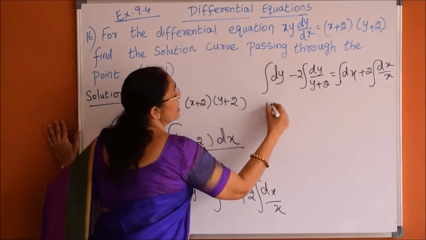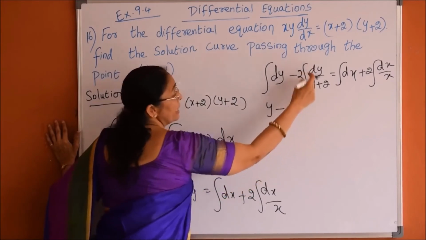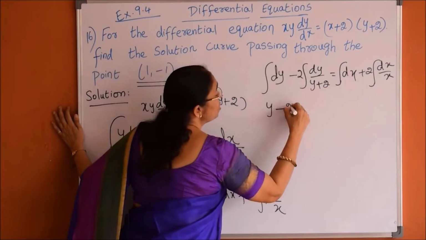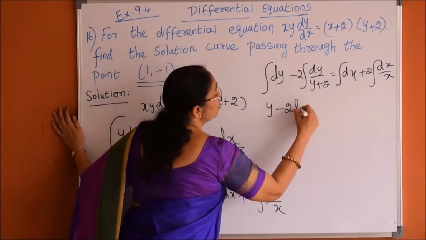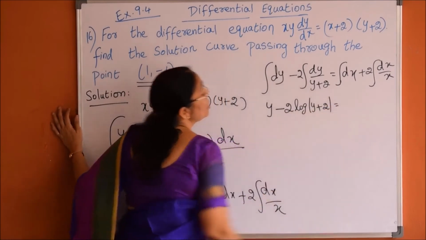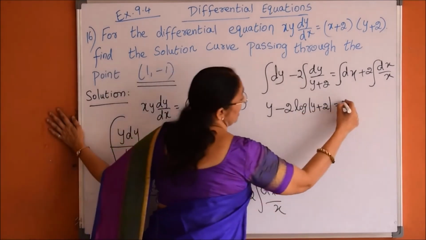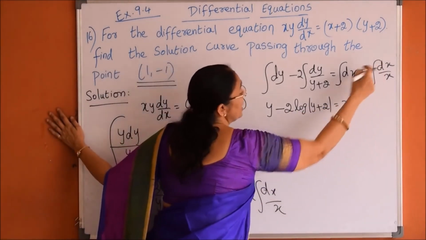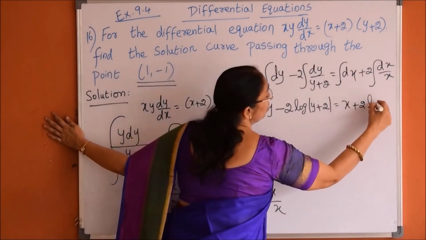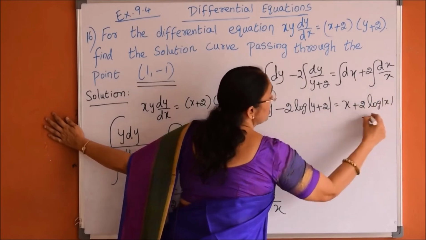Integration of dy is y, minus 2 times integration of dy by y plus 2 is log mod y plus 2, 2 is outside, is equal to integration of dx is x, plus 2 into integration of dx by x is log mod x. So, 2 log mod x plus c.